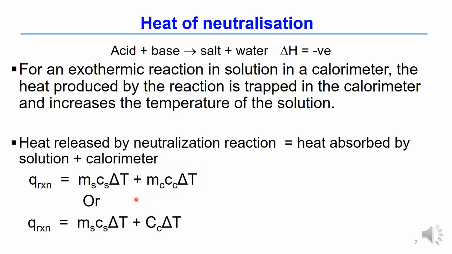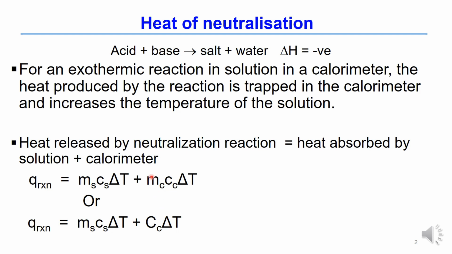Or we can use the formula Q equals mc delta T plus C delta T. This one, mc delta T, is for the solution, and this one is the C delta T for the calorimeter.